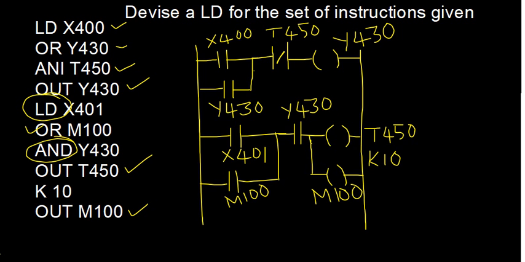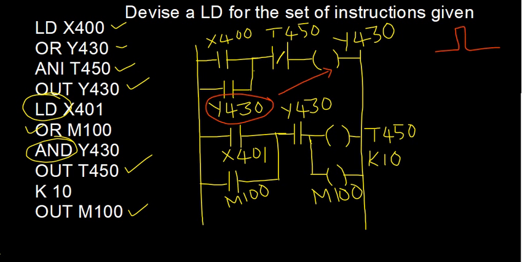Now here one important aspect to be noted is, whenever you have got a switch related to the output contacts coming in parallel with the input switch, that indicates your input switch is always a push button switch, momentary switch.